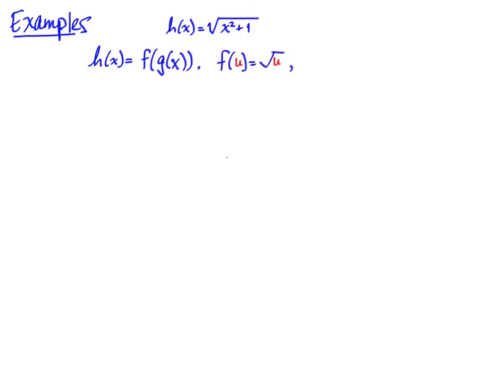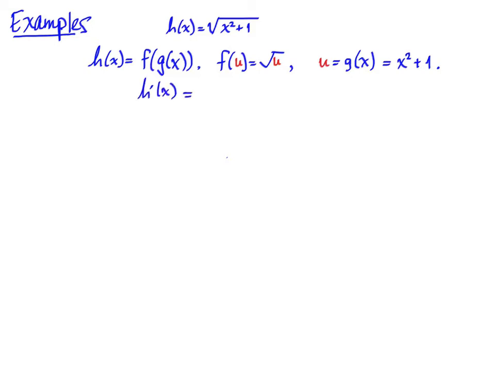Okay, so the first example we're going to look at is h of x equals the square root of x squared plus 1. So the function h is a composite f of g of x, where f is a function of u, is just the square root function, and g of x is a function of x, and that's x squared plus 1. So the outside function is the square root function, the inside function is the polynomial.